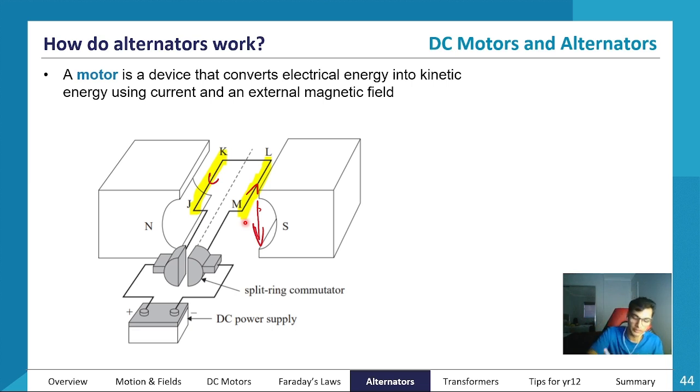So the force acting on this side is upwards. You can see what's happening: on the left-hand side, this coil is being pushed upwards, and on the right-hand side, this coil is being pushed downwards. Because of this, it's going to make the motor spin. And this is basically how the most simple version of a DC motor works.